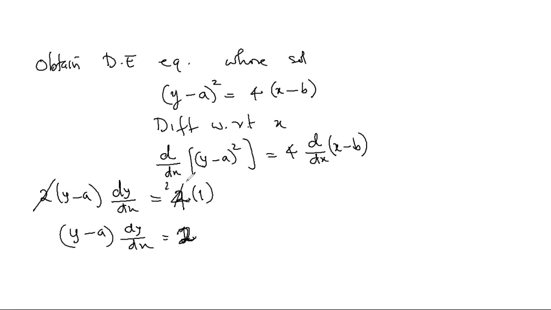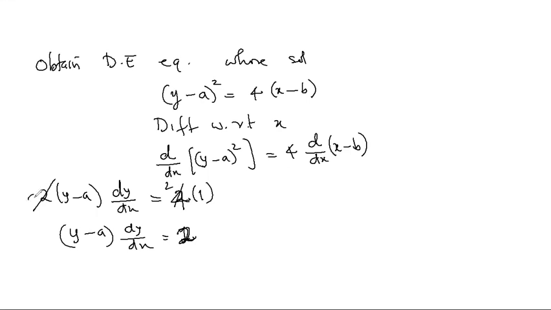Okay, tell me now, what should I do in the next step? I want to eliminate a. Make a the subject. a should not have any coefficient. What is the coefficient of a here? dy by dx.